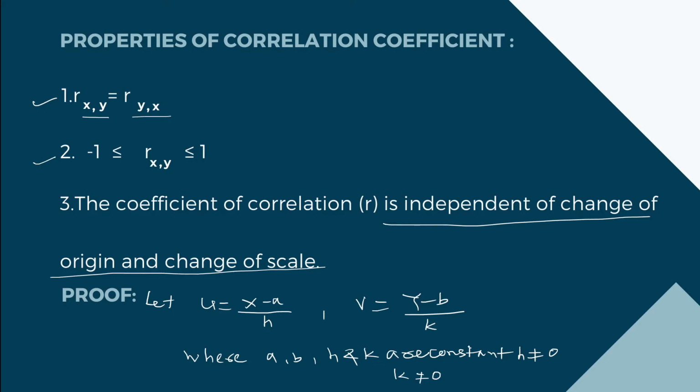This is the condition. Since there are two variables x and y, that's why I have defined the two new variables u and v. From this relation, we will obtain the value of x and y.